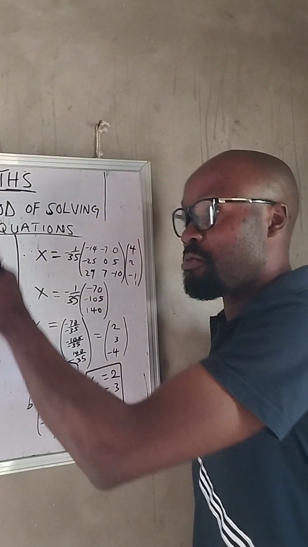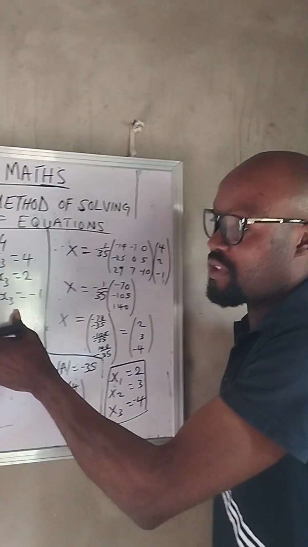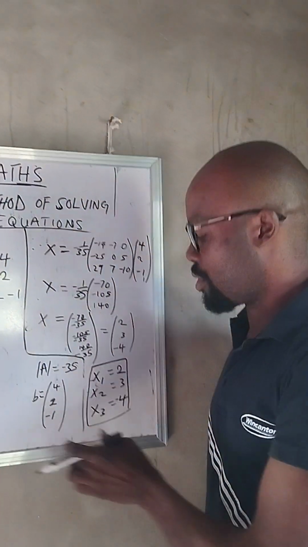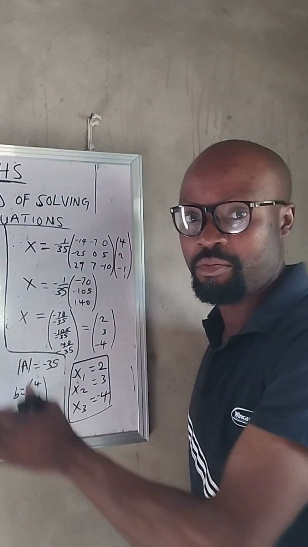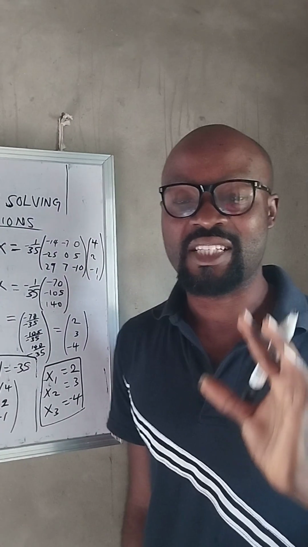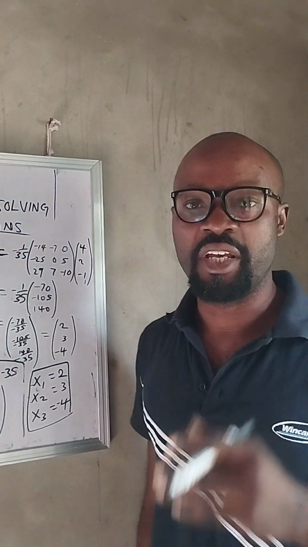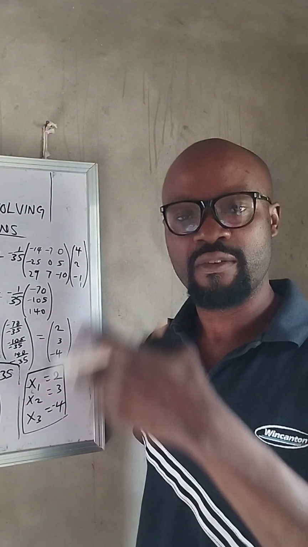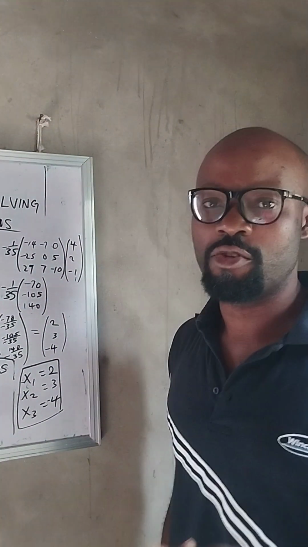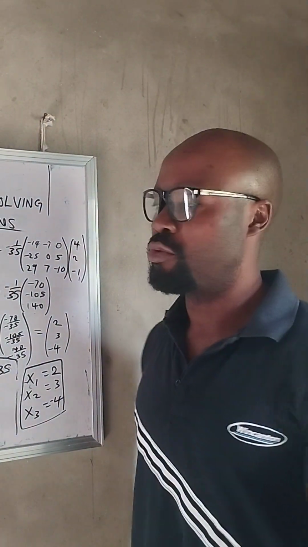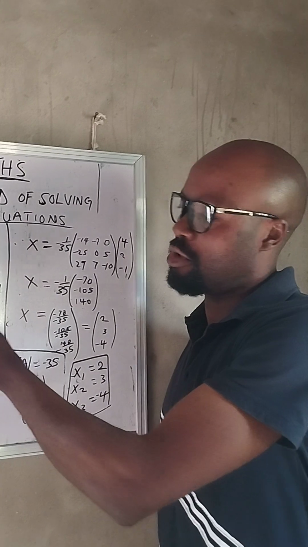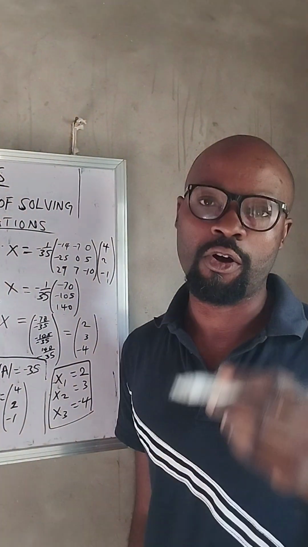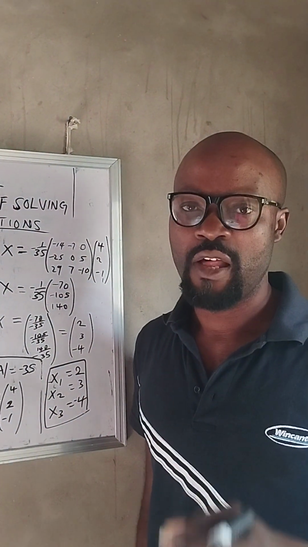We can also use the matrix method to solve this set of simultaneous equations, and it will also give us the same answer as you can see on the board. We can use the determinant method. So in our subsequent videos, I'm going to be telling you how to use the determinant method to solve this equation and the Gaussian elimination method.